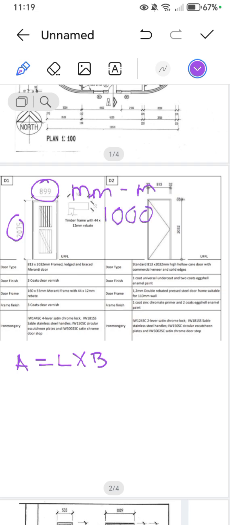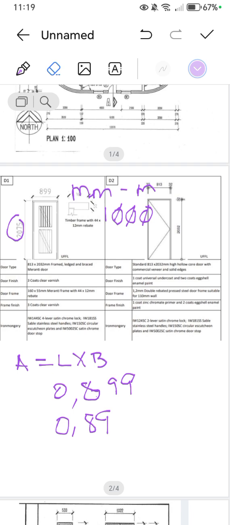If I'm dividing by 1000, you have your 899. You're going to count 1, 2, 3, then put your comma here, then you have your 0, so you're going to have 0.899. That's how I quickly do it without having to use the calculator.